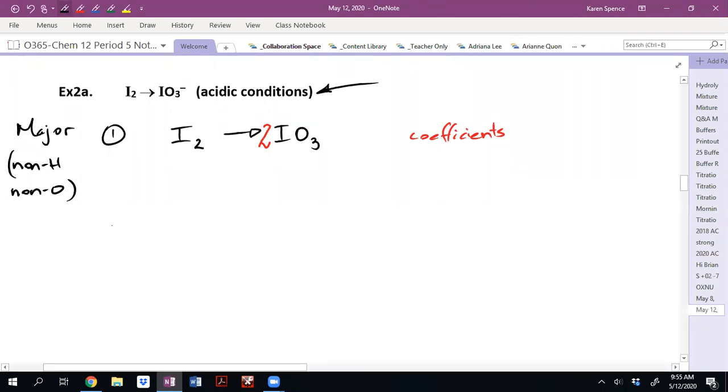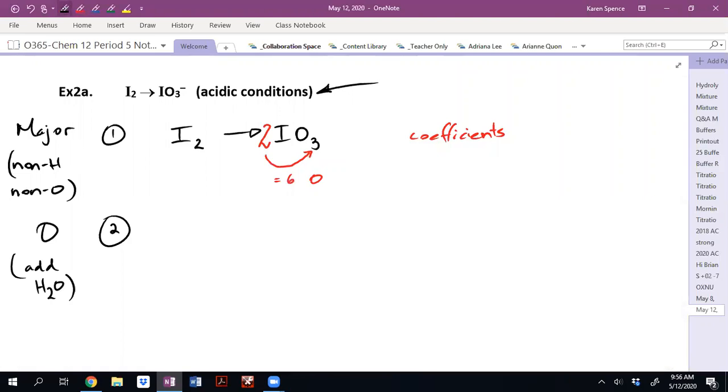Okay, step number 2, we are going to balance. Who comes next? After our major atoms comes oxygen, and we do it by adding who? Water. Okay, so over on our right-hand side, we have 2 times 3 is 6 oxygen.